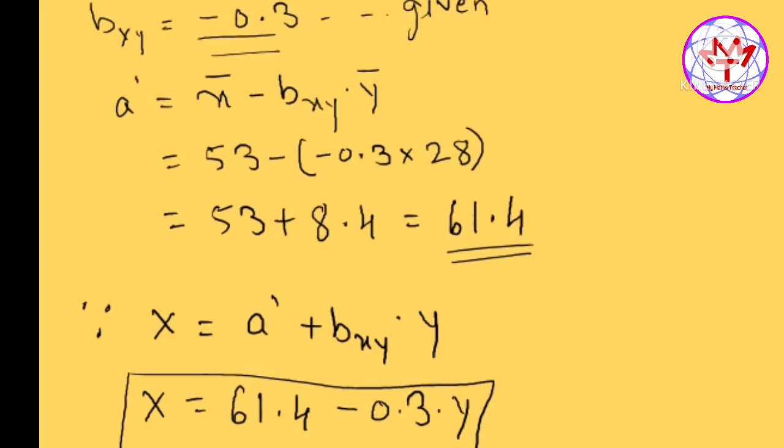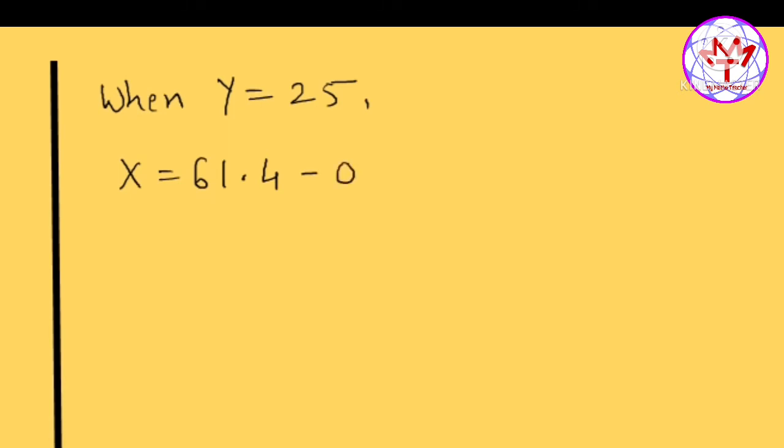Now we have to find the value of x when y is equal to 25. So we'll write, when y is equal to 25, x will be equal to 61.4 minus 0.3 into 25.